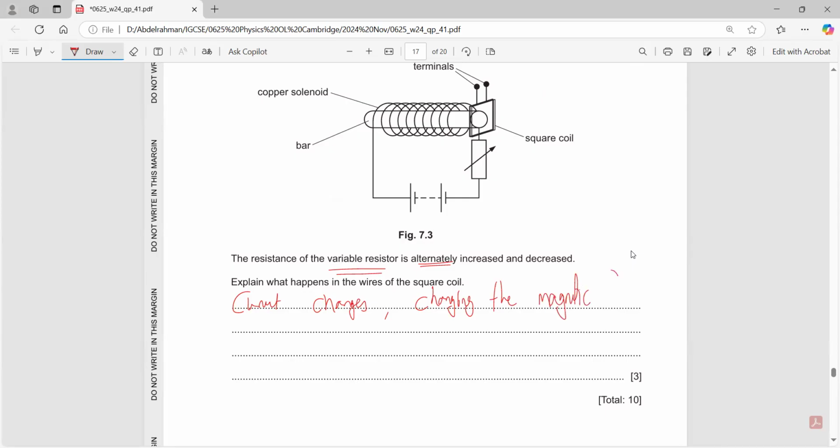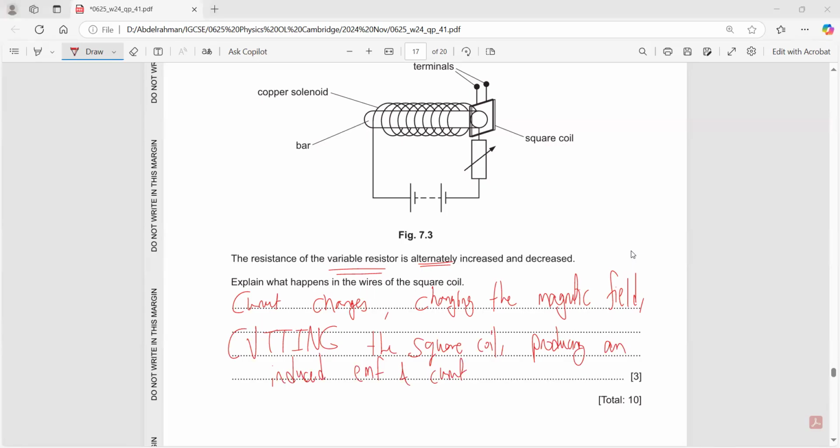As the magnetic field keeps on changing, it keeps on cutting the square coil, producing an induced EMF and current in the square coil.